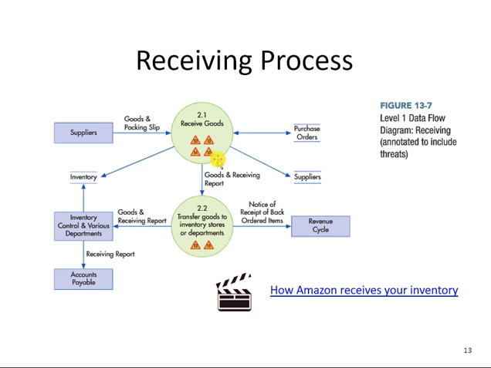But if there are some items missing, damaged goods, or inferior quality goods, then the receiving department is going to contact the suppliers and arrange returns, exchange, or most likely a debit memo.